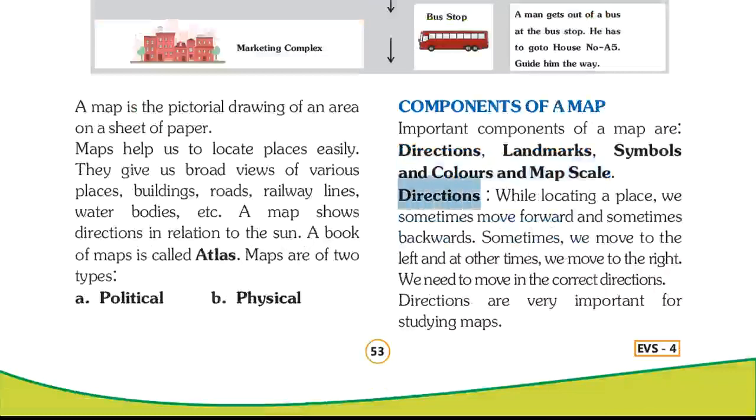Directions. While locating a place, we sometimes move forward and sometimes backwards. Sometimes we move to the left and other times we move to the right. We need to move in the correct directions. Directions are very important for studying maps.